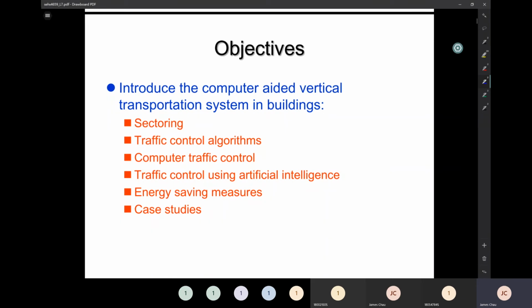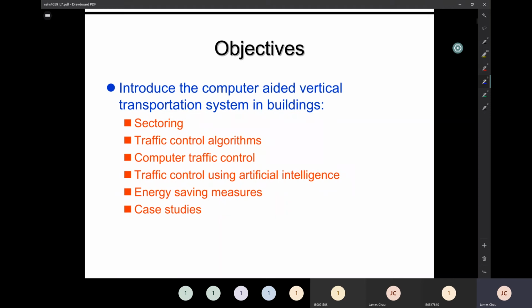So I hope that you can get more understanding on the topic of lift traffic analysis, because it is very important. If you are going to design a lift system, you had better know how to analyze the lift traffic.